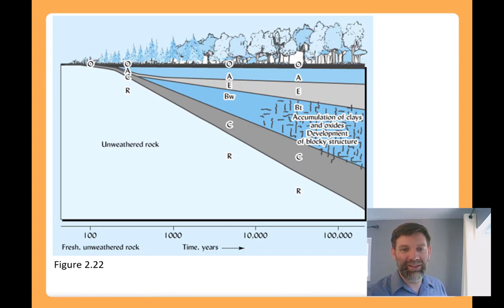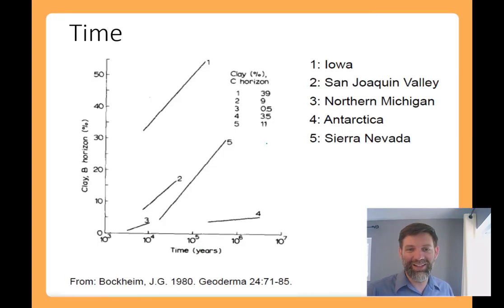My one complaint with this figure, I've never seen a soil with an E and a Bw. E's usually come in a bit after Bt's, so that's me nitpicking a little bit. Other than that, the concept holds. Over time, things develop.